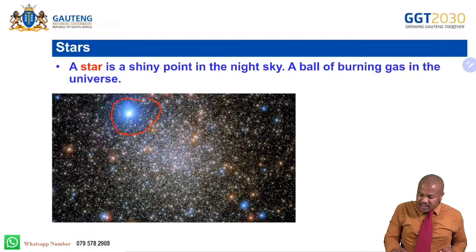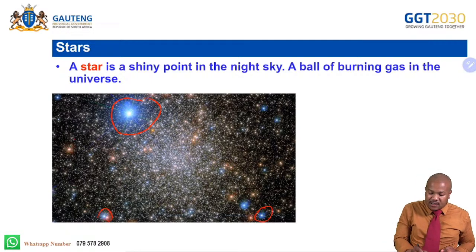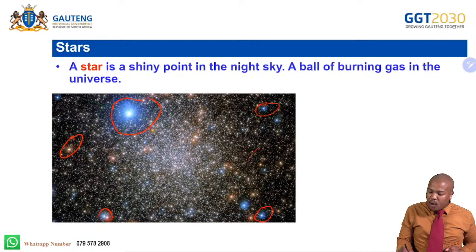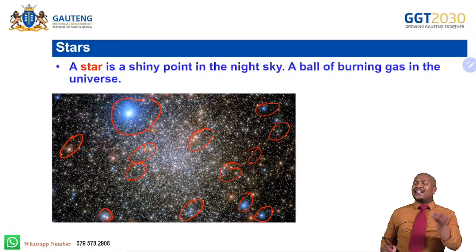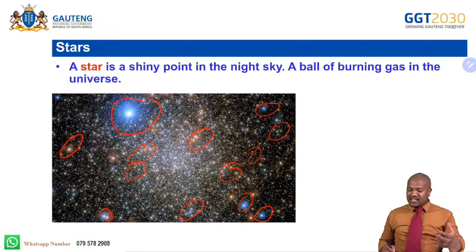As we can see here, there are countless stars. They are shiny points in the night sky, and also they are a ball of burning gas in the universe. They provide heat and light as well.